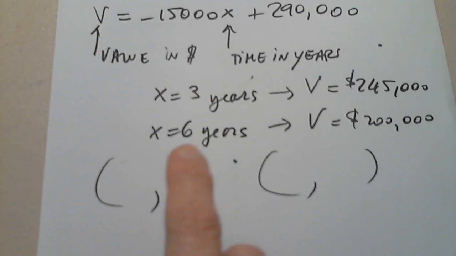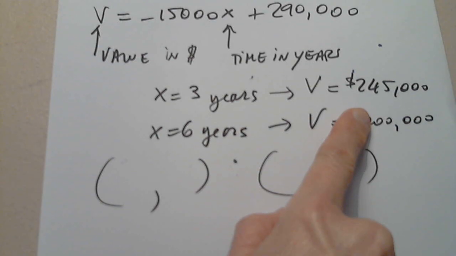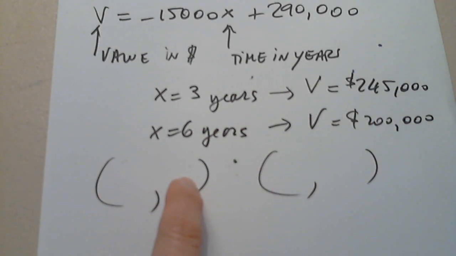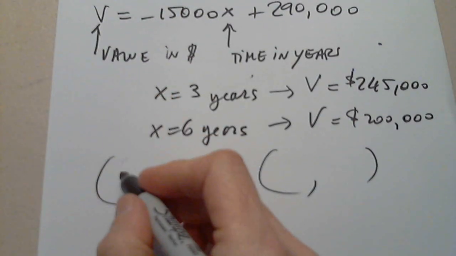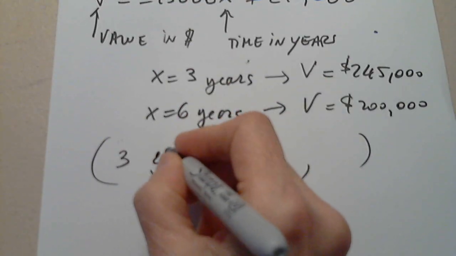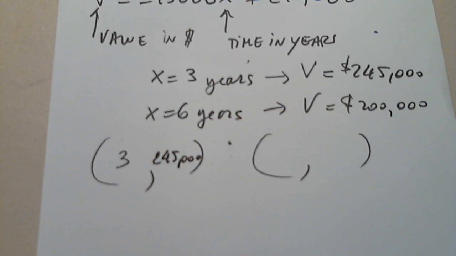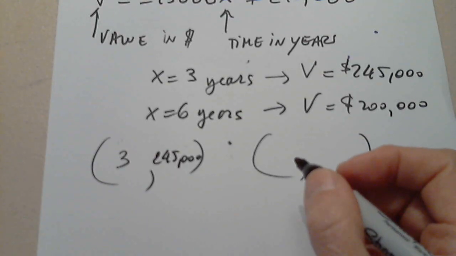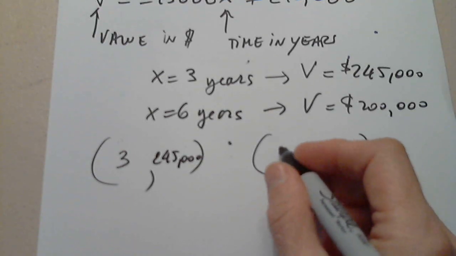Is that 3 and 6? Careful. We cannot have x and x. 3 and... 3 comma... 3 and 245,000. 245,000. And the other ordered pair? Six and 200,000. Very good.